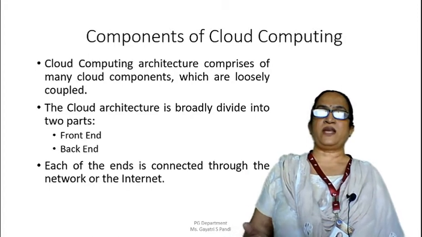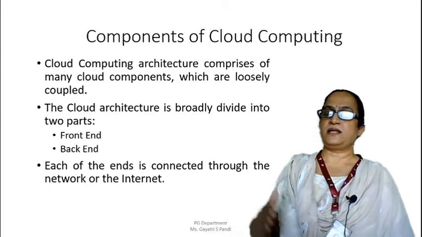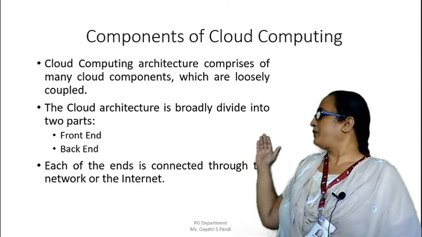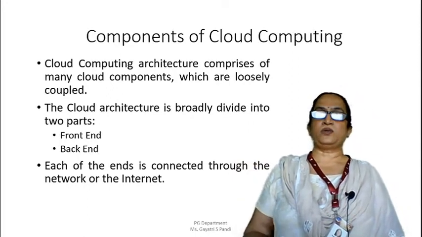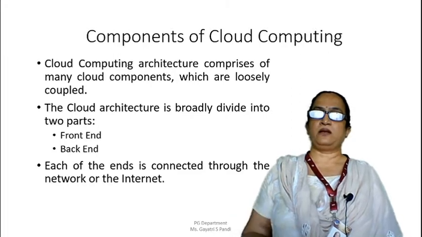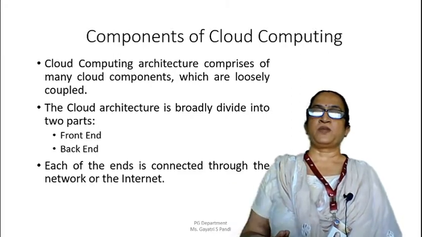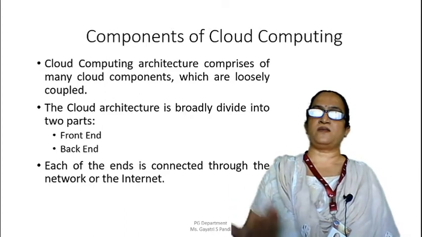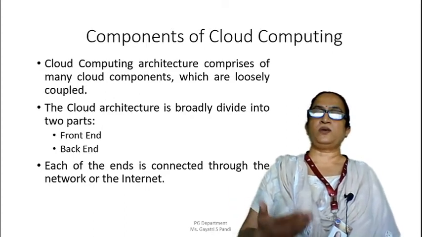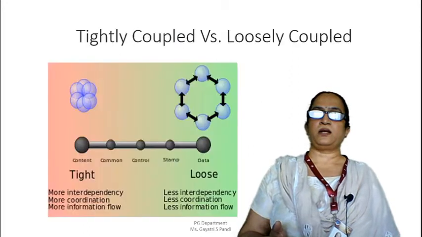So the broad classification is two parts, the front end and the back end. Each end is connected through the network or the internet. For example, if your internet is not working on your mobile, you will not be able to access any of the services on the cloud. So to connect to the cloud, you need to have internet.